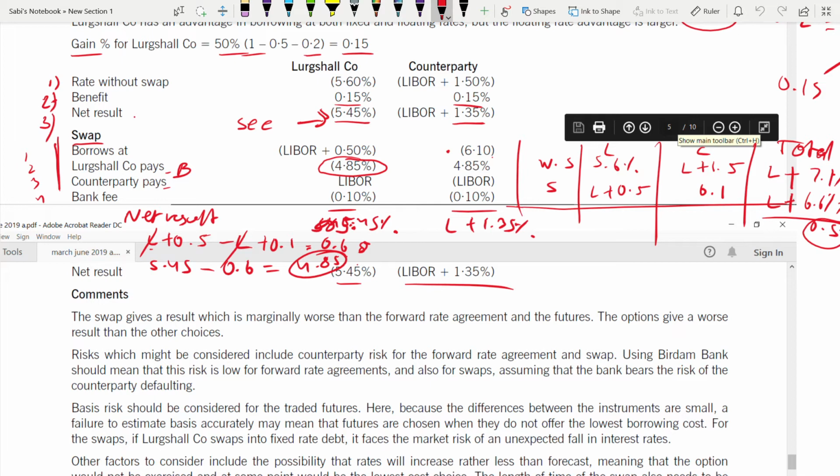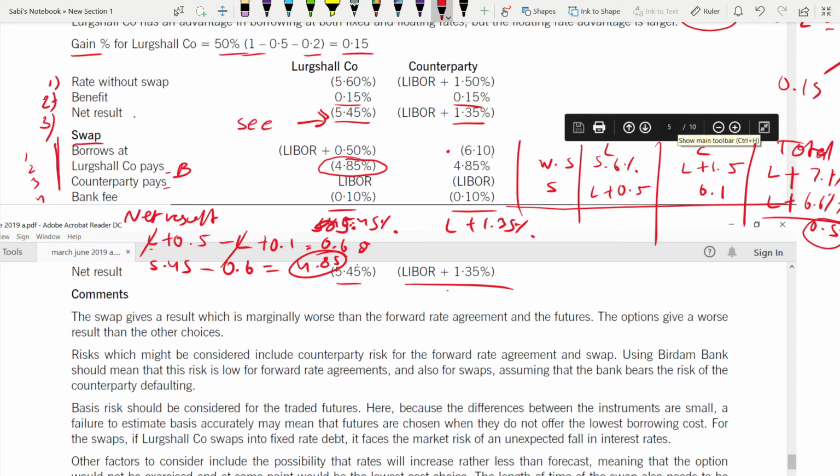With this, we are adding LIBOR also, because whatever is in bracket, you are adding; whatever is without bracket, we are deducting. So 1.25 plus 0.1 is 1.35. That means we are having LIBOR plus 1.35. We are getting both the net results. That means our swap arrangement is perfectly correct. This is the way of checking. You have to check whether you are getting that net result or not.